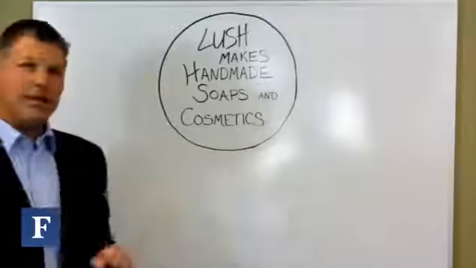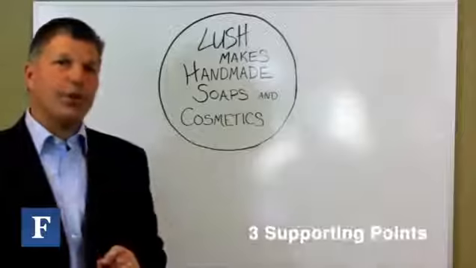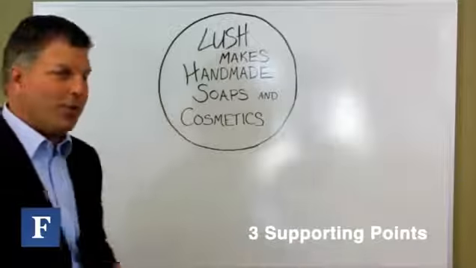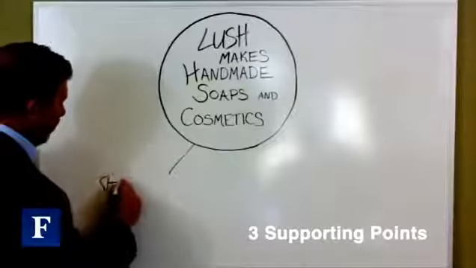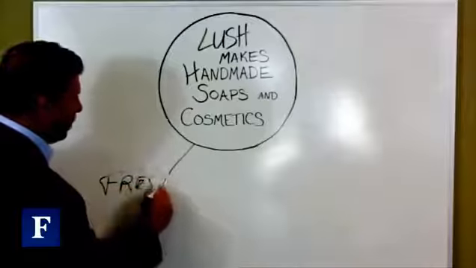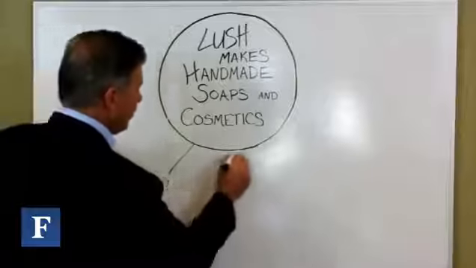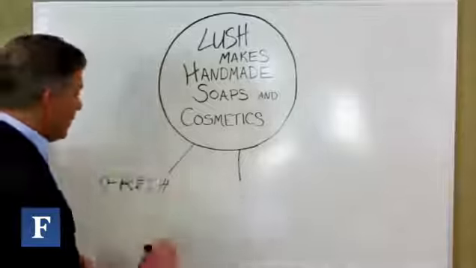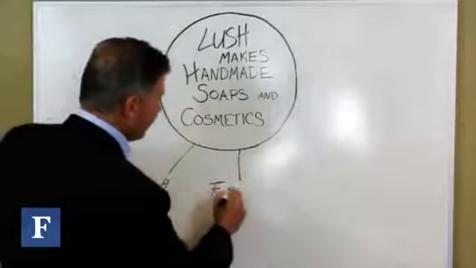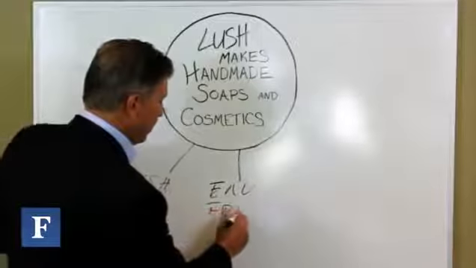But now let's fill in the rest of the message map with 3 or at most 4 supporting points. Based on what I understand of their messaging so far, I would say fresh is very important to them, and we'll talk about that in a second. Fresh. The other supporting point I would make is environmentally friendly.